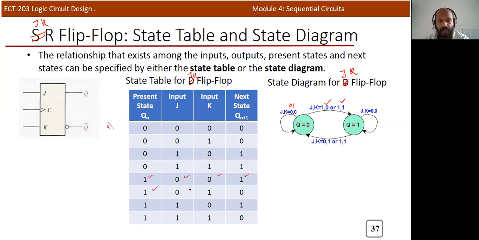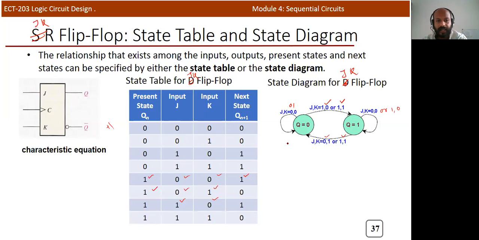When Qn is equal to 1 and the input is 0 1, it will go to the 0 state. Now when the Q state is equal to 1 and the JK inputs are 1 0, it will maintain the same state. So here you need to write one more possibility, that is 1 0. And last, 1 1 goes back to the 0 state.